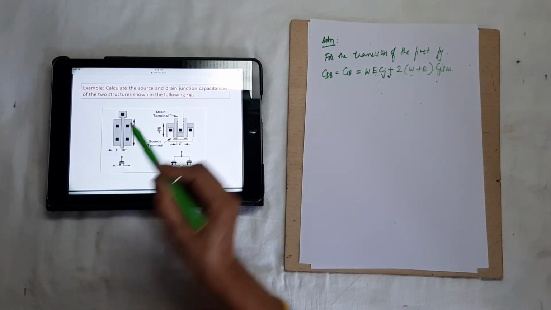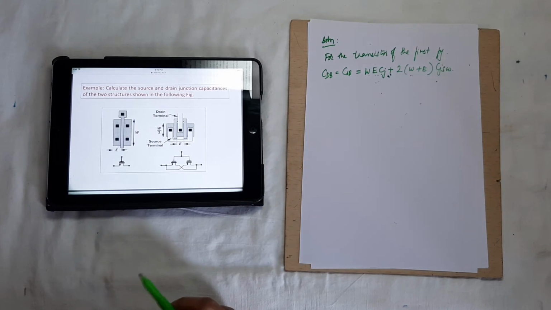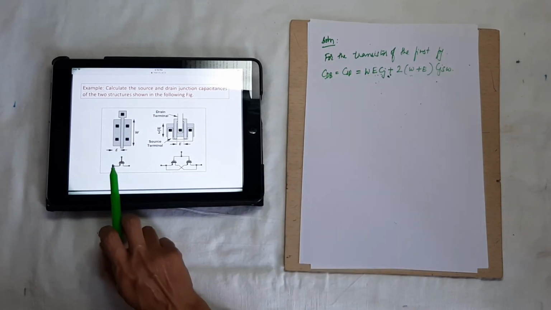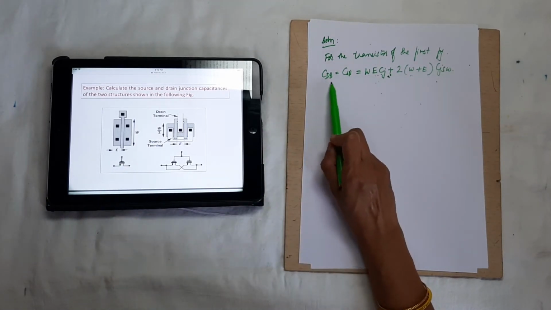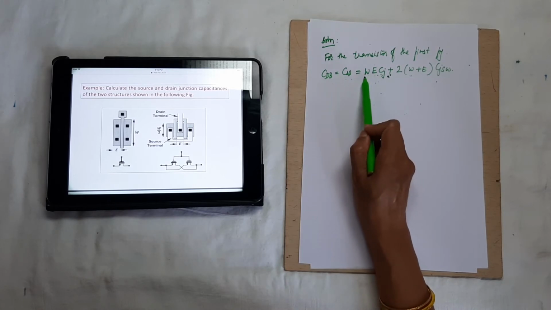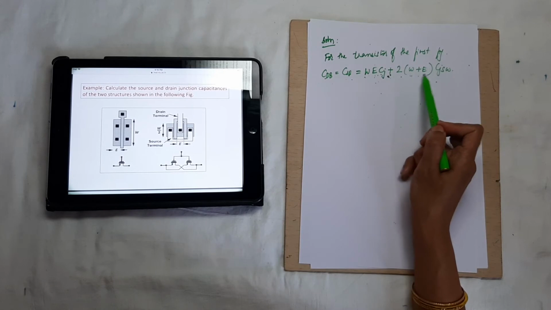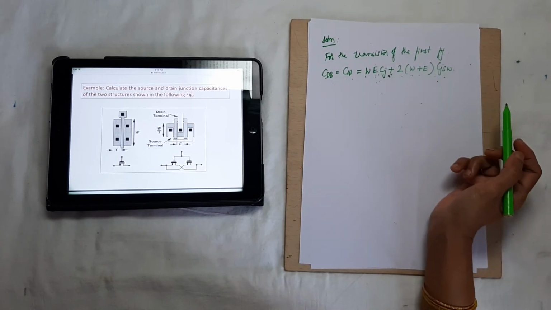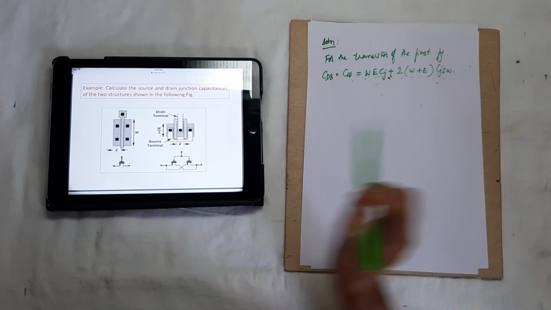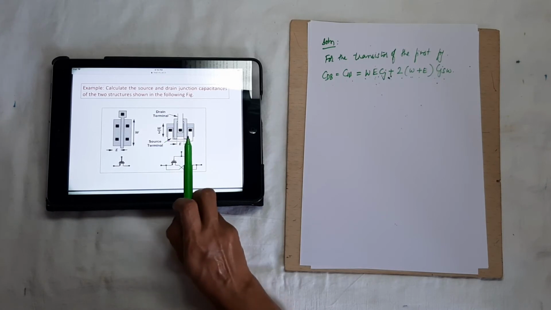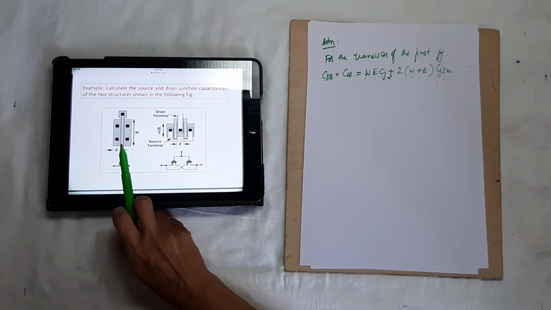This distance is known as E, this is W. So for a single transistor like this, CdB and CSB are given as W E Cj plus 2 times W plus E into CjSW. Now the second diagram is the folded structure of the first diagram.